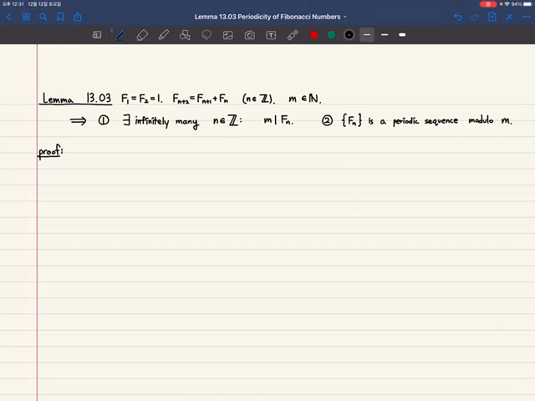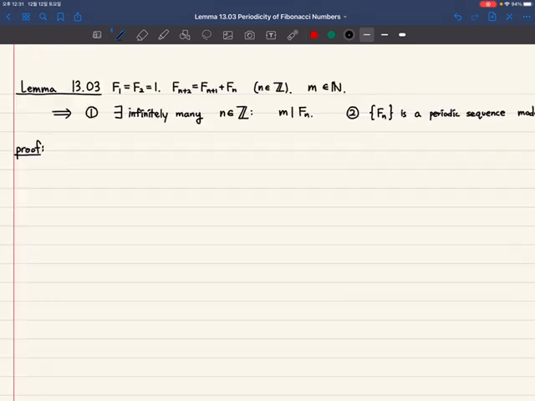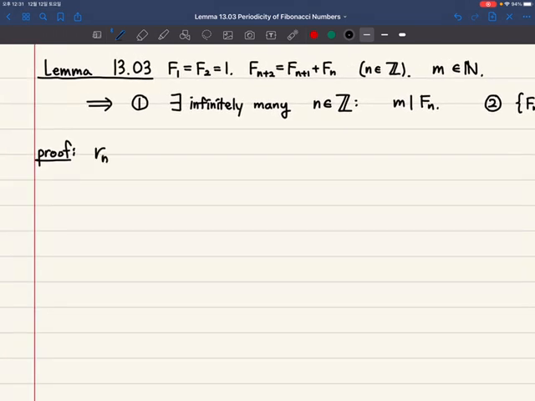For this proof, we're going to first define some terms. First, Rn will be the remainder of f of n when divided by m.